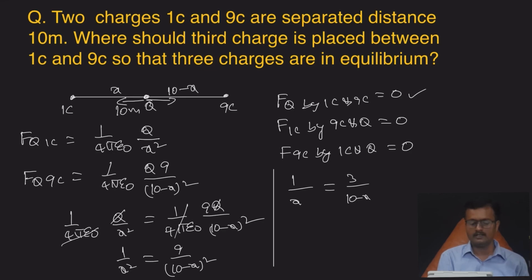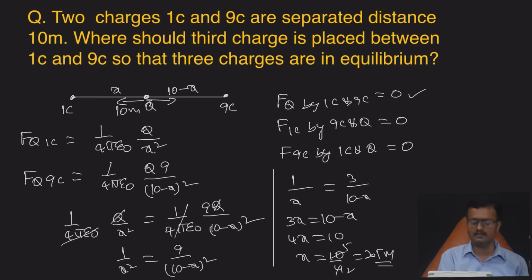Take cross multiplication, then we get 3x is equal to 10 minus x, 4x is equal to 10, x is equal to 10 by 4, so 2.5 meters. So what is x? x is equal to 2.5 meters.